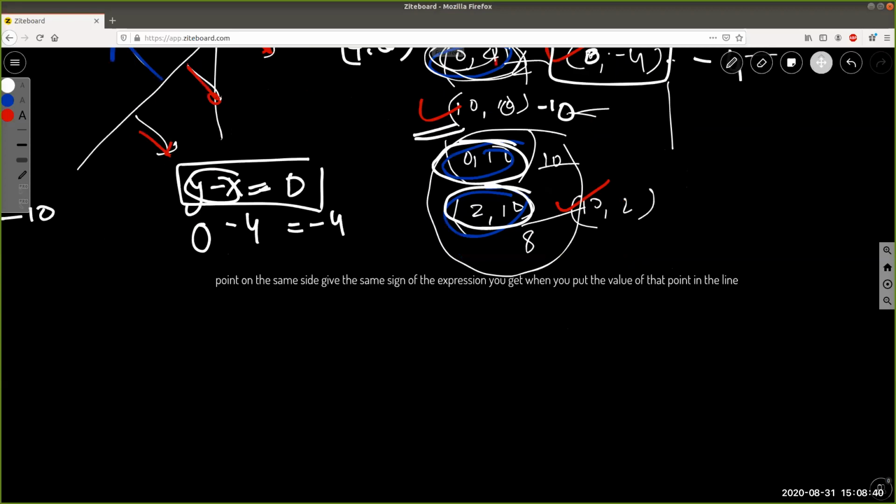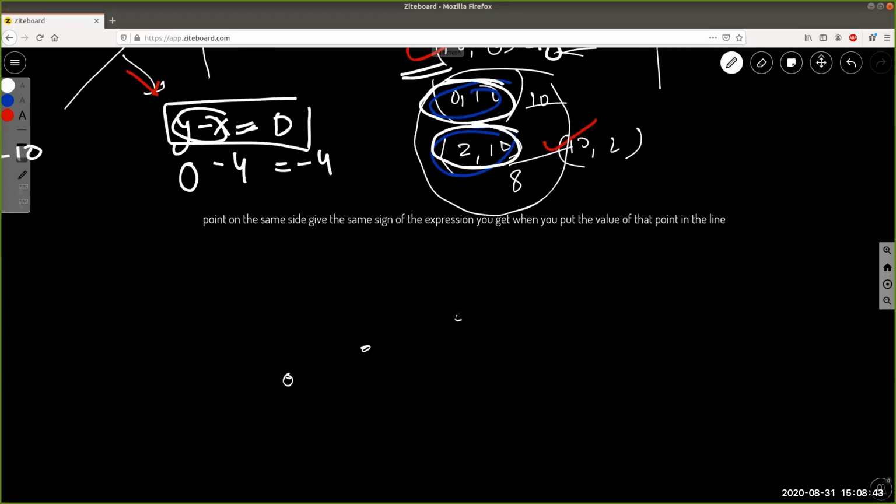Okay. Last thing, how will you find if 3 points are collinear, if they're in the same line? What will you do? Last year we did the area is 0.